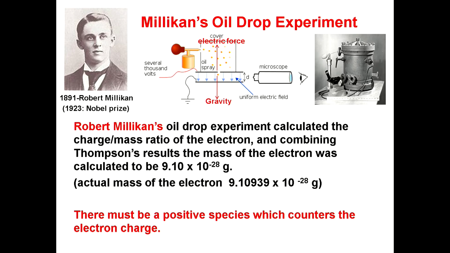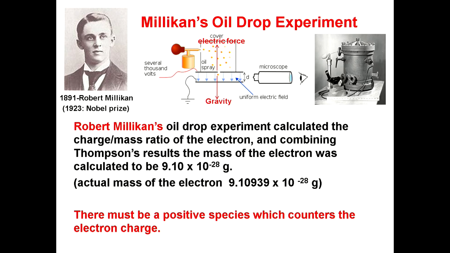Why will it stop here? Because there are two forces. One is gravity, right? And because it is negatively charged, it has electric charge, so it also has one force up. This is the electric force. When these two forces are equal, it will stop here.